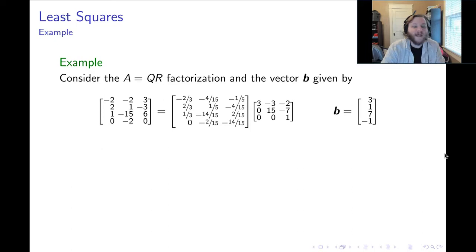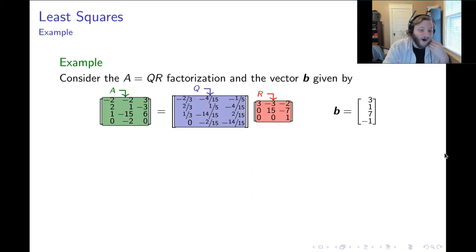So let's look at an example of this theorem playing to our advantage. Here we have a QR factorization of a matrix A. So here A is this 4x3 matrix, which I've factored as Q times R here. And someone is giving me a vector b here. Well, if I wanted to, I could study the original least squares problem, which is the Gramian of A times x hat equals A transpose times the vector b.